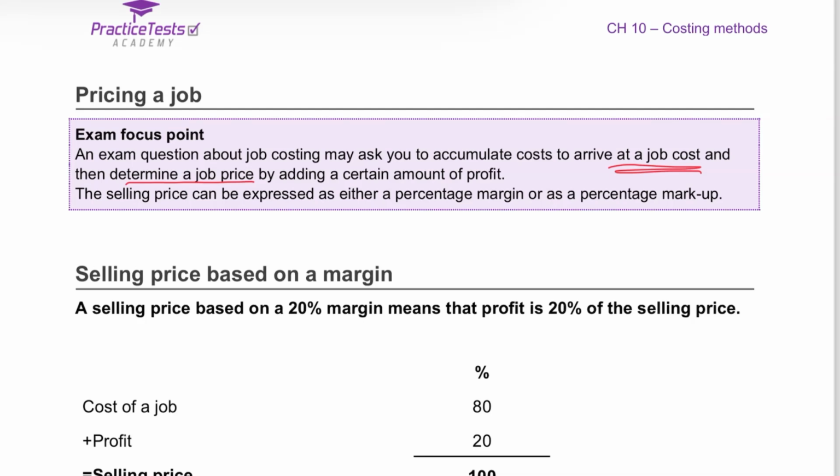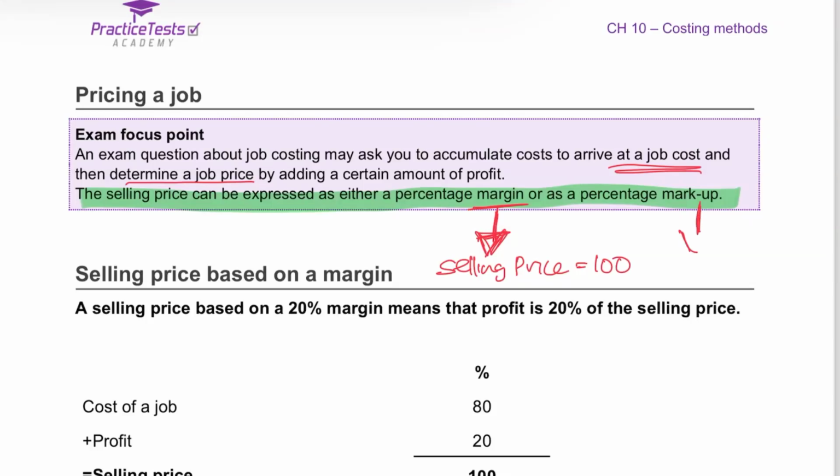Now the interesting thing is the selling price can be expressed either as a percentage margin or a percentage markup. So generally when you have the word margin, we're talking about selling price equals 100. So it's based on the selling price. When we're talking about markup, that means cost equals 100.